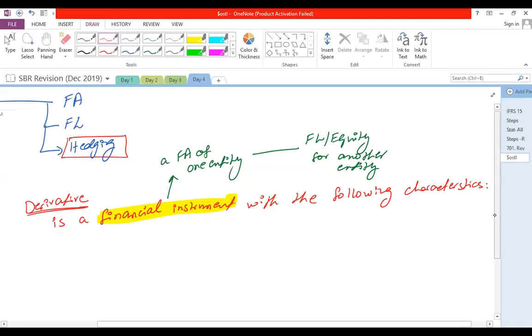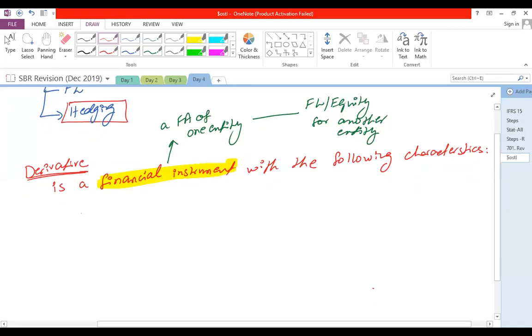Now the characteristics of derivative are not that important, but I'm still writing that down, although we will not be going into too much detail of it. The first is that it does not have its own price.